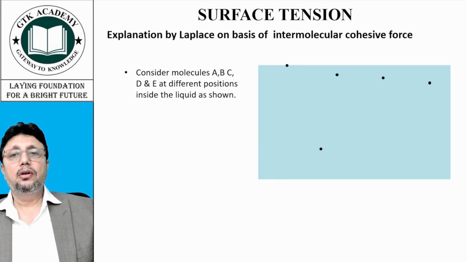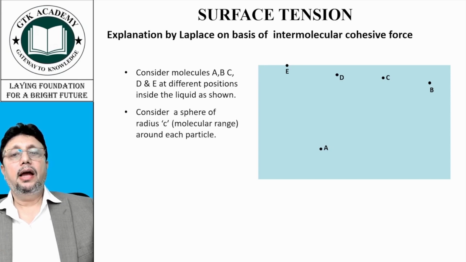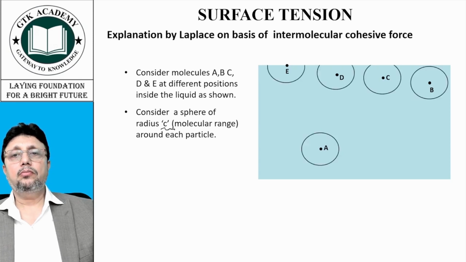You have molecules A, B, C, D, E, right? You consider the molecules at different positions, and you consider a sphere of radius C, that is the molecular range, around each molecule. Okay, so we have drawn the spheres.